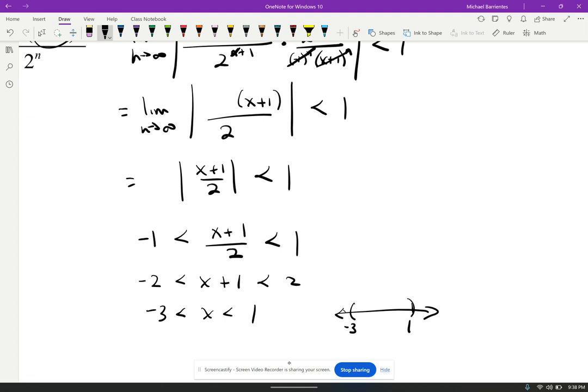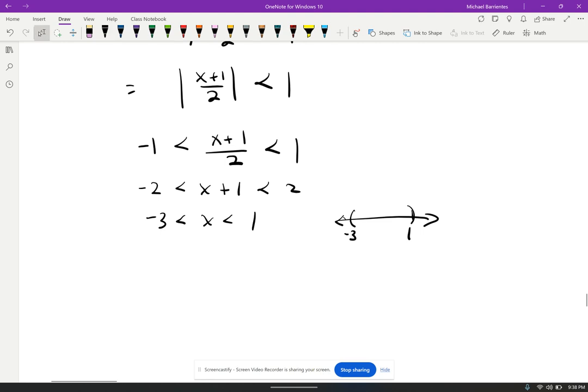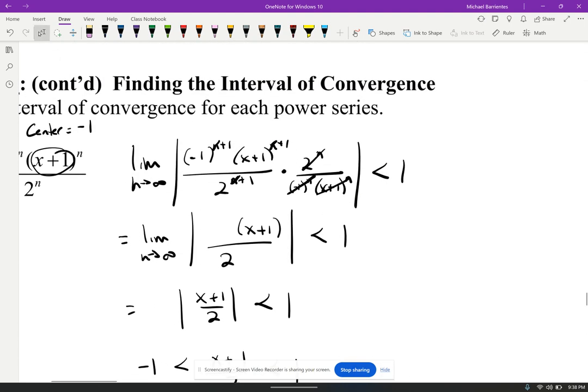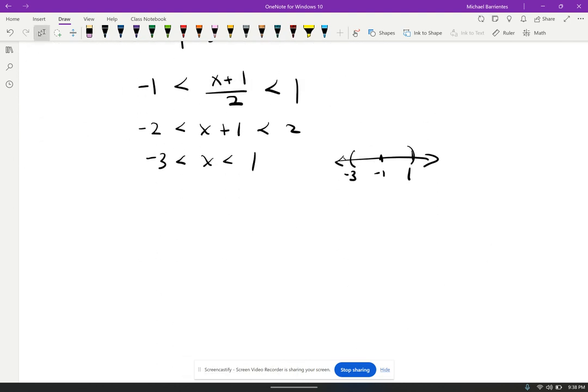Now, what would be the halfway point between -3 and +1? What's the number that's halfway between these two values on the x-axis? Well, that would be -1. -1 is 2 steps away from 1, and -1 is 2 steps away from -3. Oh, look, that was the center value that I predicted at the very beginning. The center of this interval is at -1.